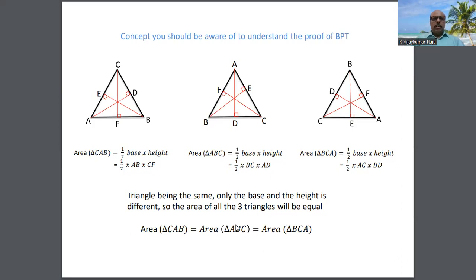So for a particular triangle, though you change the base and the height, the area doesn't change. Why? Because area is nothing but the region occupied by the closed figure. So area happens to be the same even if you change the base and height of a triangle.